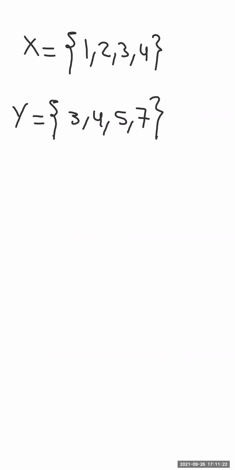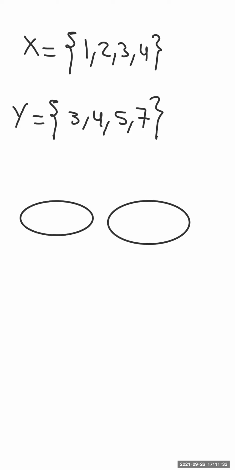How do we represent these two sets, X and Y? Of course, you will say it's like before: two ovals. Then simply you write that this one is X and this one is Y, 1, 2, 3, 4, and then 3, 4, 5, 7. And this time I will tell you that no, not that way. Then how can we represent these two sets?